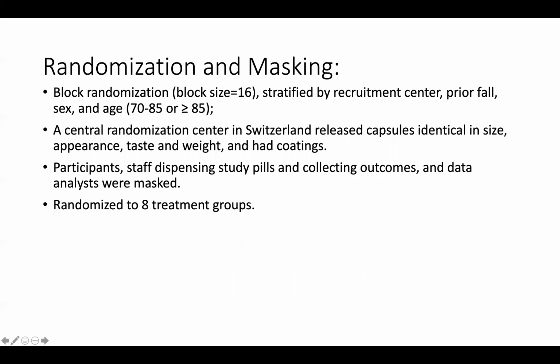The study used stratified randomization with a block size of 16, and the participants were stratified by recruitment center, prior for sex and age. The central randomization center was responsible for the randomization and the masking, and the participants, staff, and data analysts were all masked in this study. All the participants were randomized to 8 treatment groups, as we mentioned before.